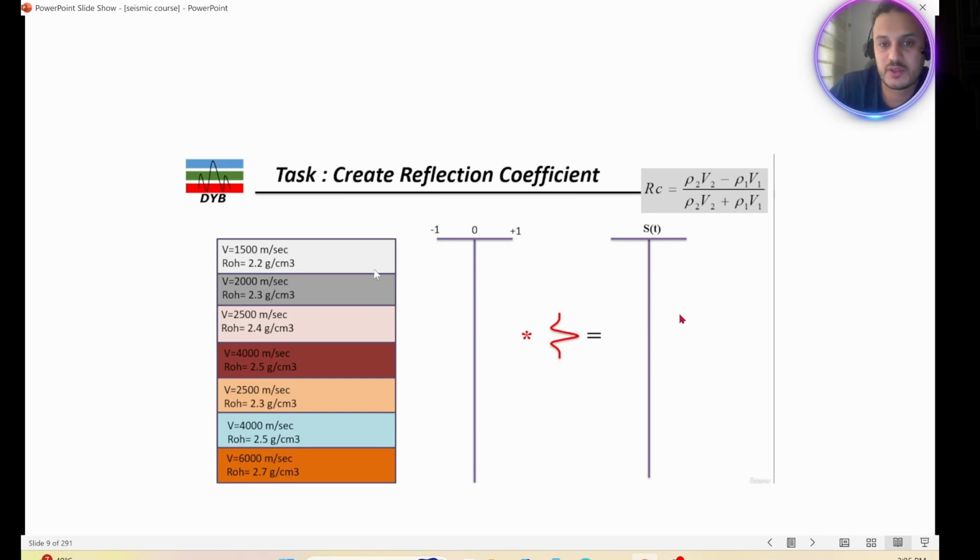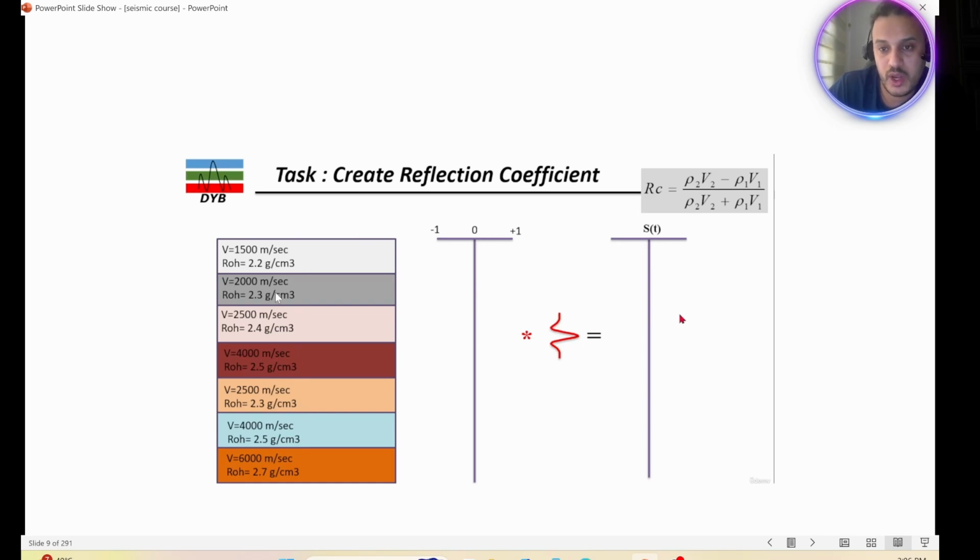So this is how you can calculate the reflection coefficient and you have the seismic trace. These are the layers, this is the velocity, this is the density, the rho, 2.3 gram per cubic centimeter, for V2 is 2000, minus ρ1 is 2.2 gram per cubic centimeter, multiplied by V1 is 1500 meter per second.